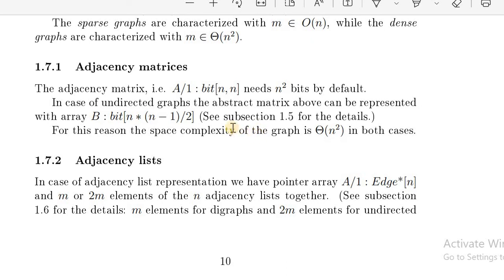So this is the space complexity of the matrix representation of a graph, which is big theta n squared. And for the adjacency list, it's much less.